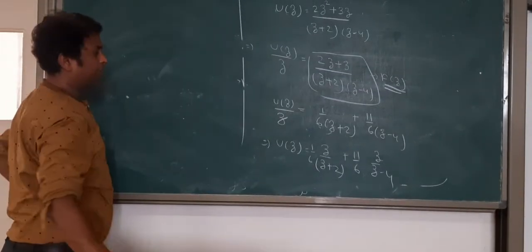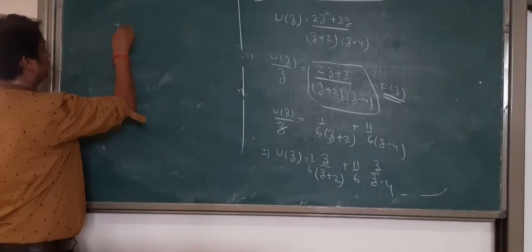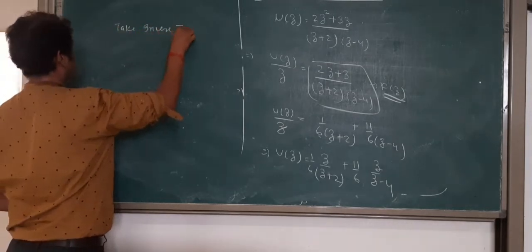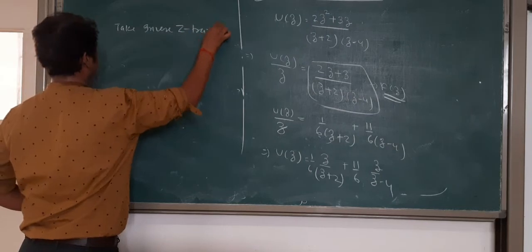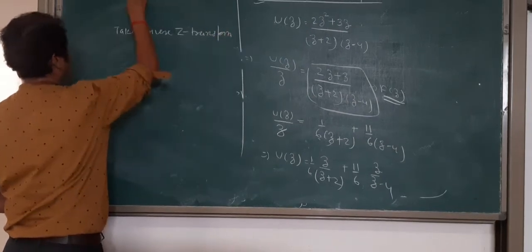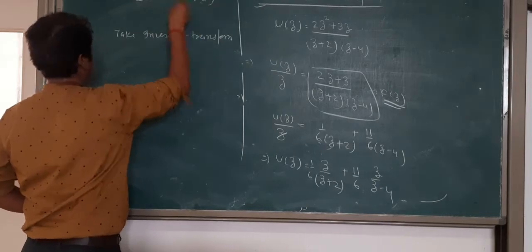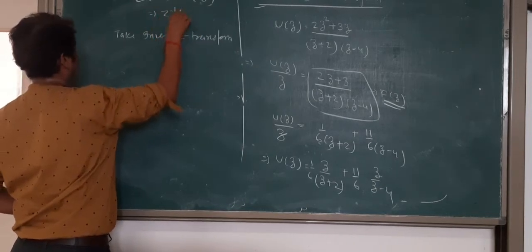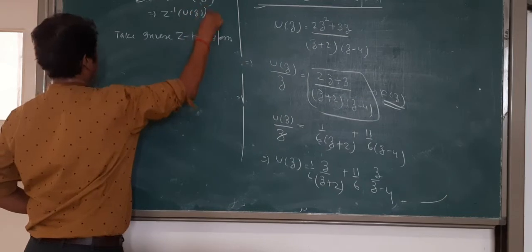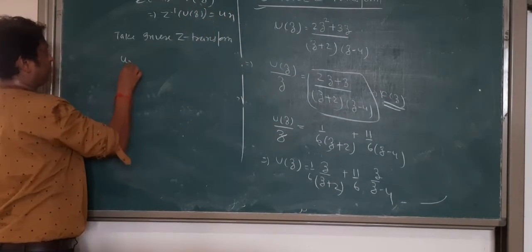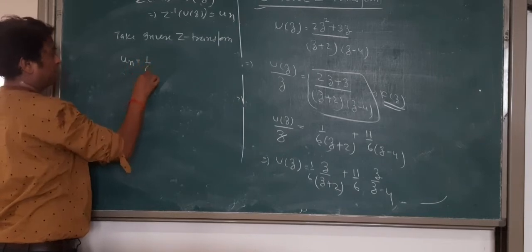Now take the inverse Z transform on both sides. You know Z of u(n) is U(z), so Z inverse of U(z) is u(n). What is u(n)? 1 by 6 is constant.